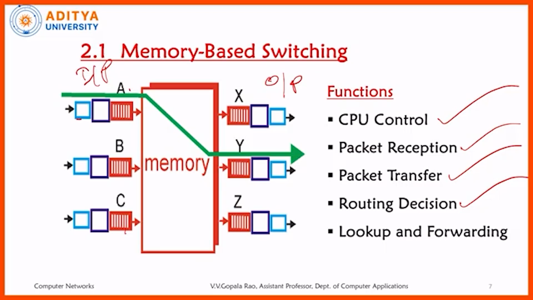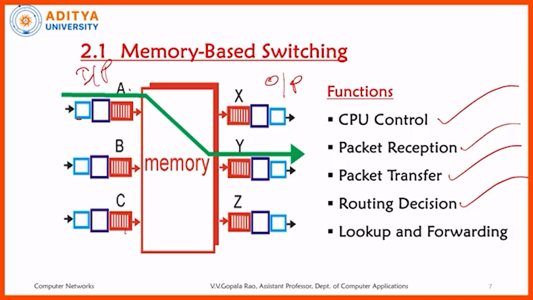Based on that, it has to decide which is the best path finally to be allowed for the packet to travel in the network. So the best path decided by the router is called the routing decision.